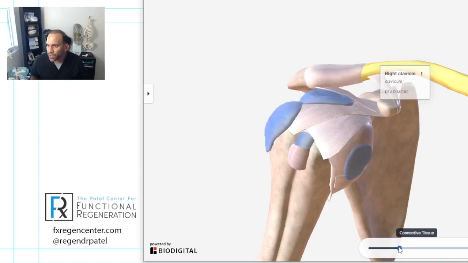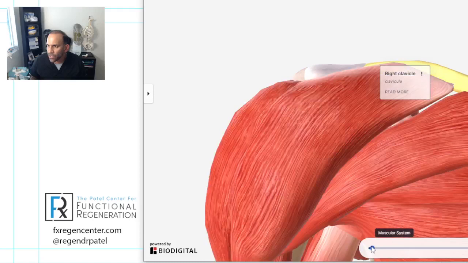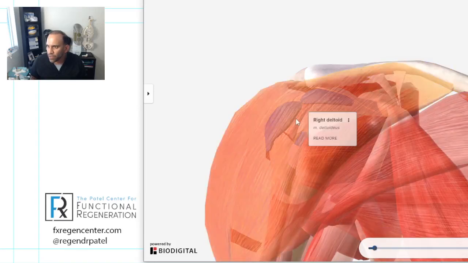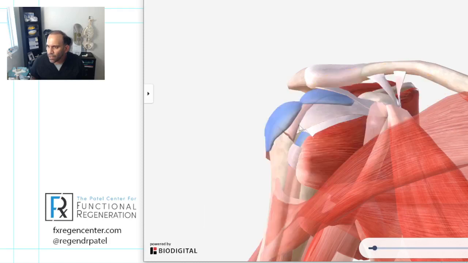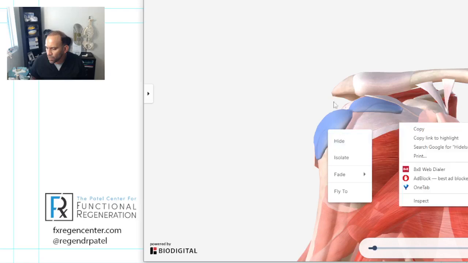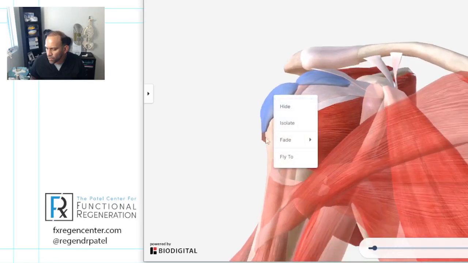So as we look here, we're going to point out the rotator cuff tendons. Let's see here, hide that guy. There we go.